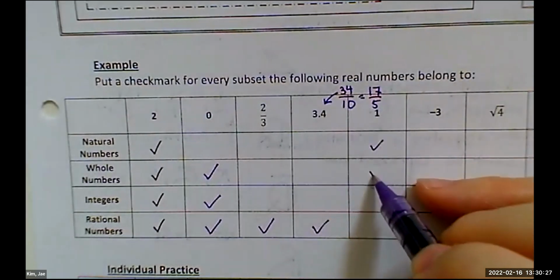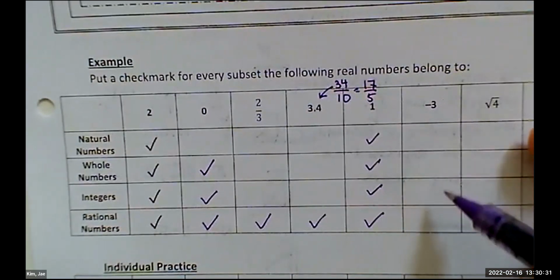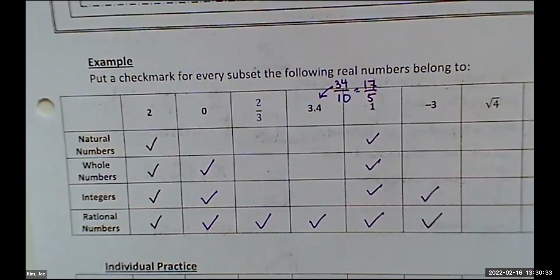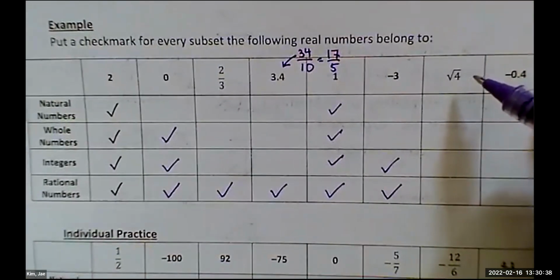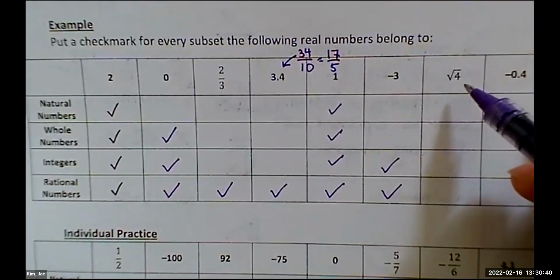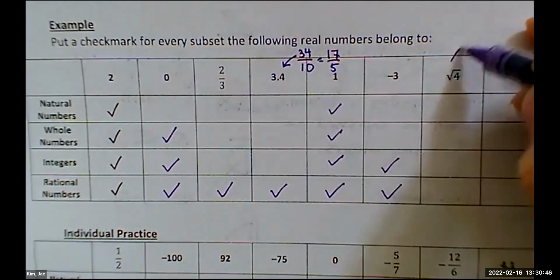Next is all 4. Negative 3. You don't know negatives until integers get introduced. Square root of 4 is a 2. Or, let's see how much you know. Whoa.